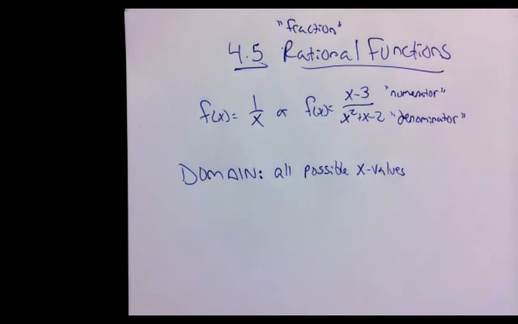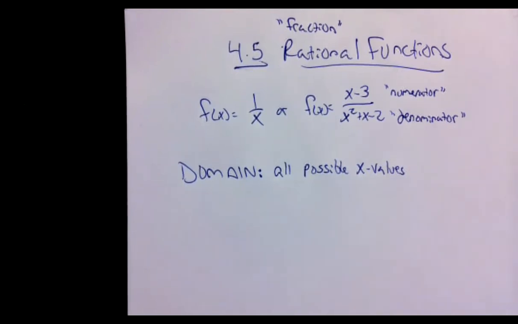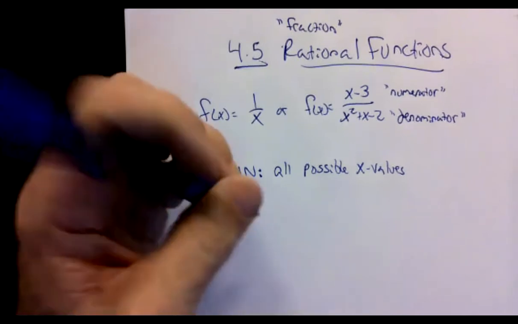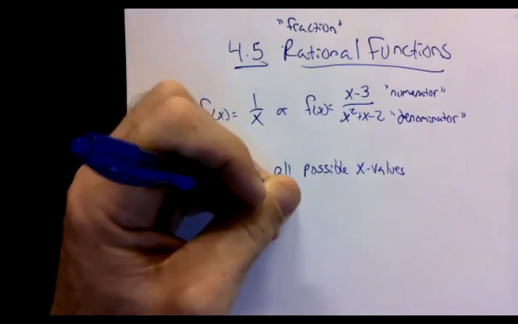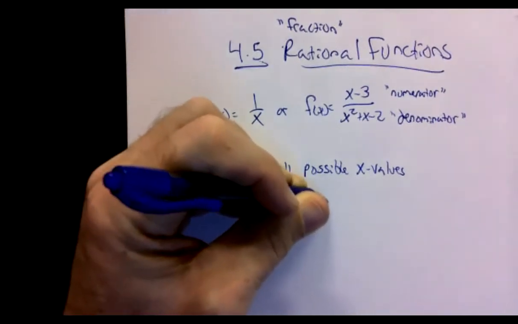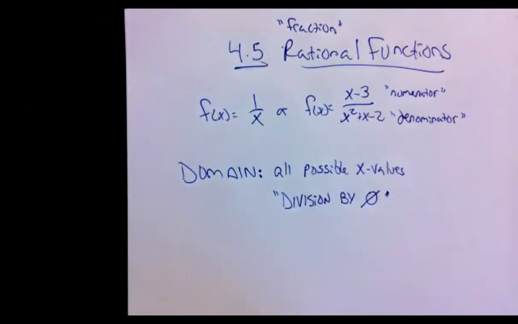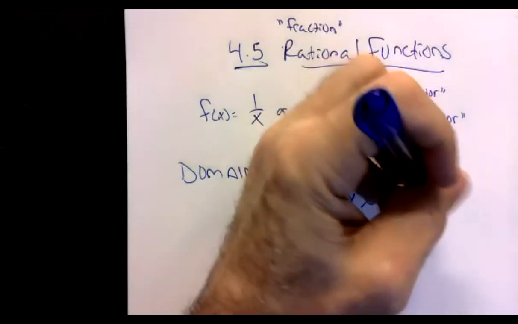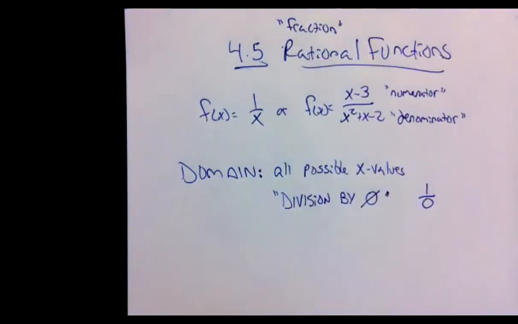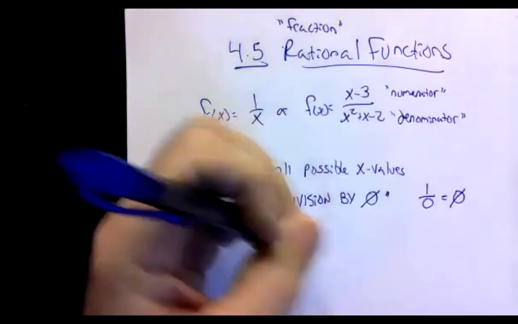Your domain is typically all real numbers. However, with rational expressions, the big key we want to worry about is we want to make sure we don't cause division by 0. Okay? Division by 0 is bad. That causes a fraction to be undefined. If we try dividing by 0, we get an undefined answer.